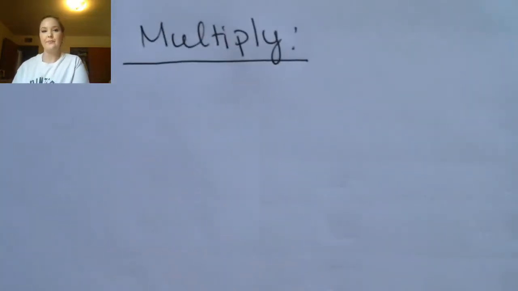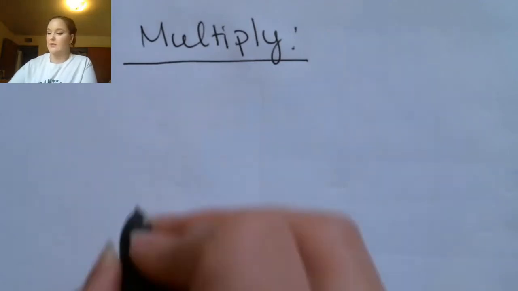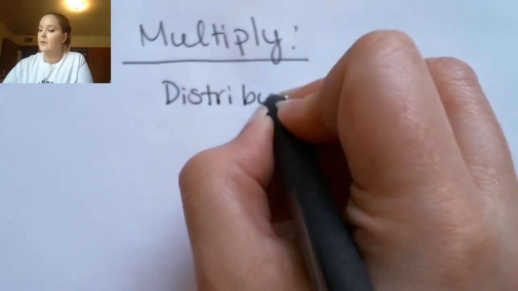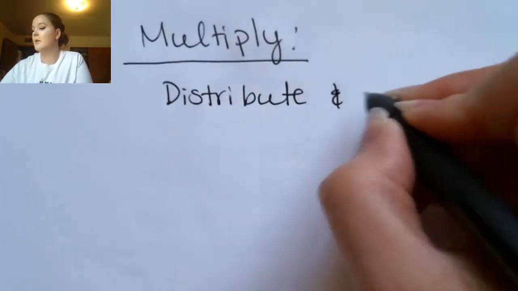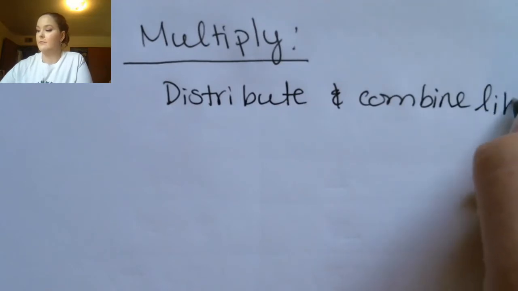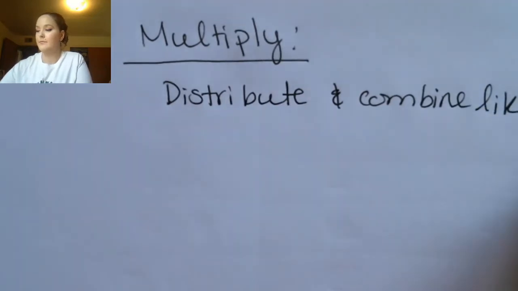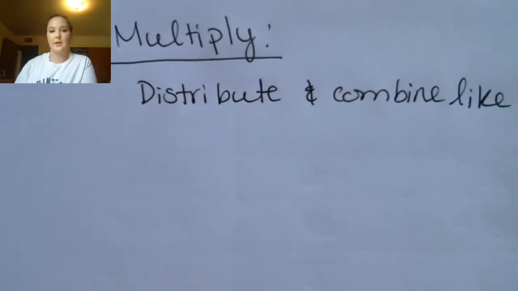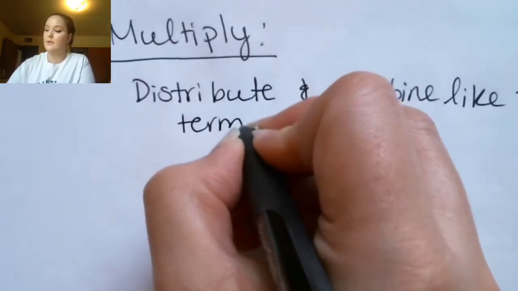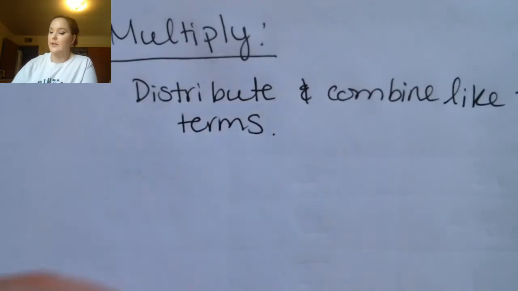Okay, so basically the key to multiplying is to distribute and combine like terms. Okay, so let's look at an example of that.